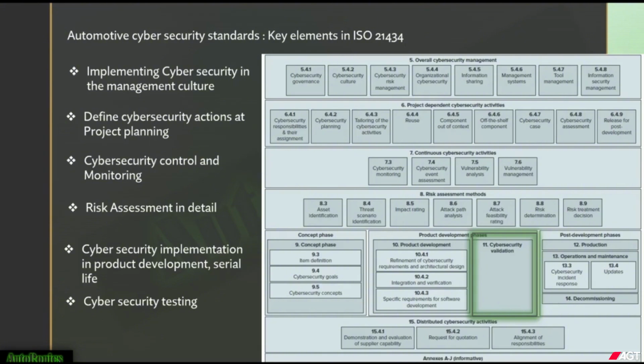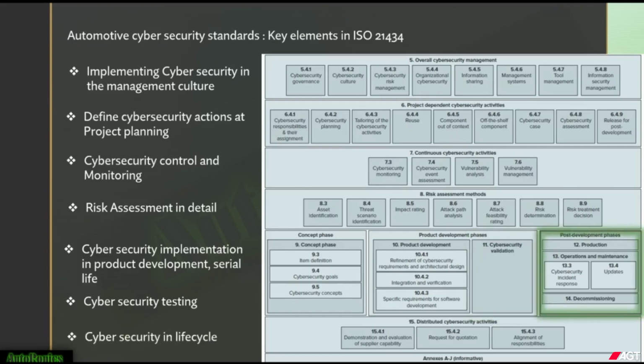Validation activities must be performed to confirm the adequacy of cybersecurity goals, the completeness, consistency, correctness, and adequacy of the item and cybersecurity requirements on the operational environment. The cybersecurity goals of an item have been achieved, along with the validity of cybersecurity claims if applicable.